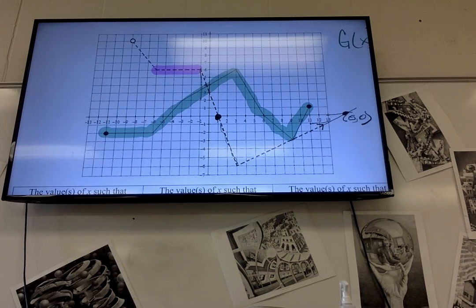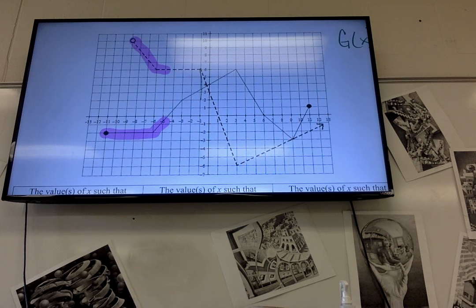So for example, get rid of all these extra colors. So for example, it's below the graph here on g of x, and that is above the graph in the exact same spot. So those would be, if I multiplied those two values together, I would get a negative. And that is from, well, I can't include negative 11.